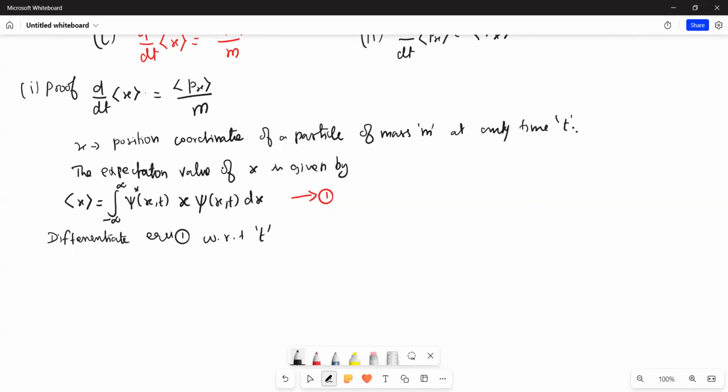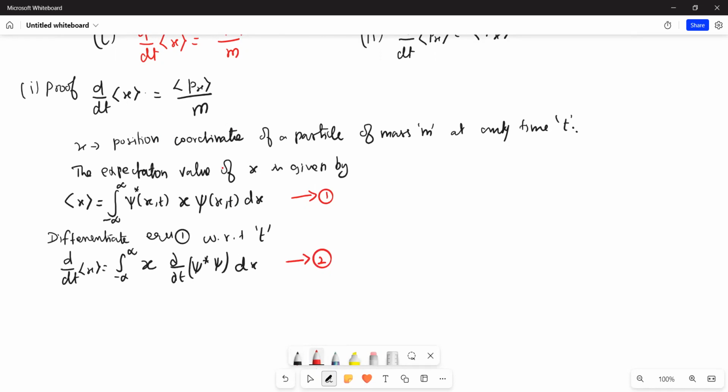Differentiating on both sides, what will we get? d by dt of x is the integral from minus infinity to plus infinity of x times dou by dou t of psi star psi dx. Consider this as equation number 2.